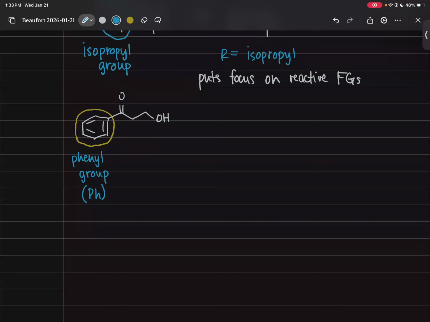So that's a phenyl group. This one is called a ketone. And an OH is an alcohol. These are just a couple examples.